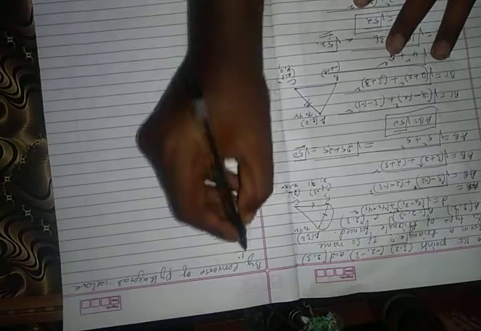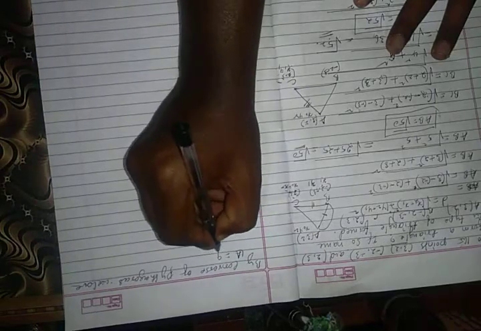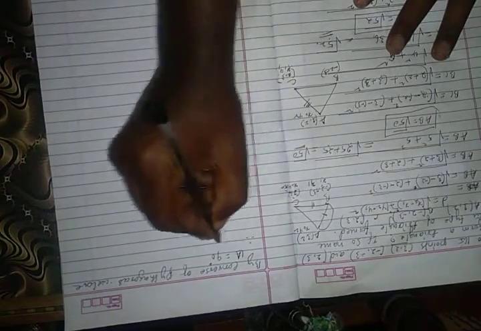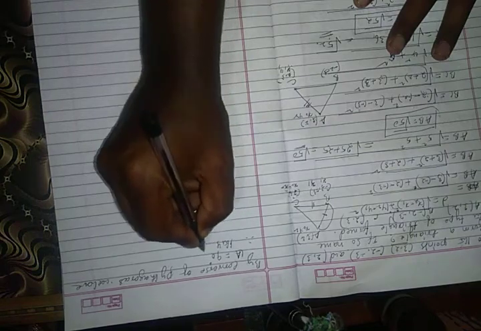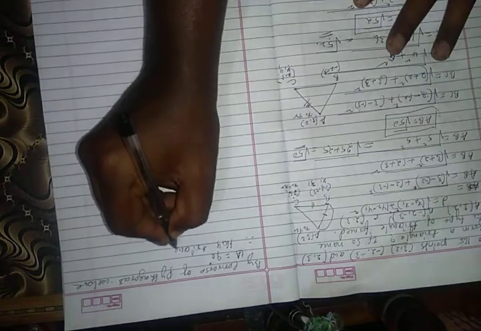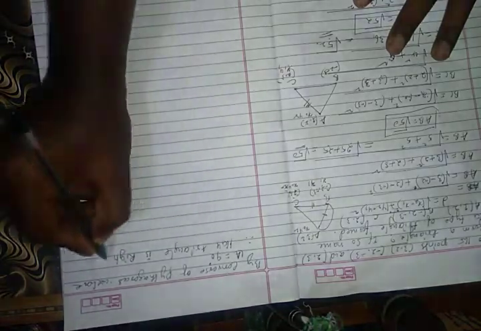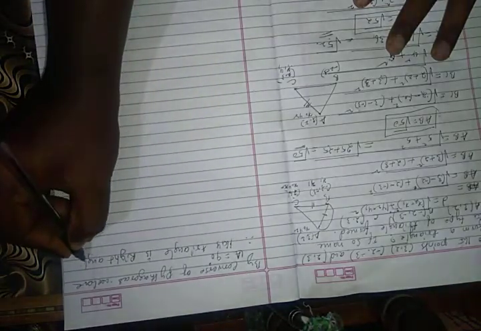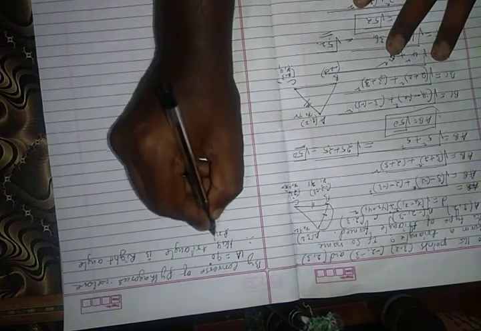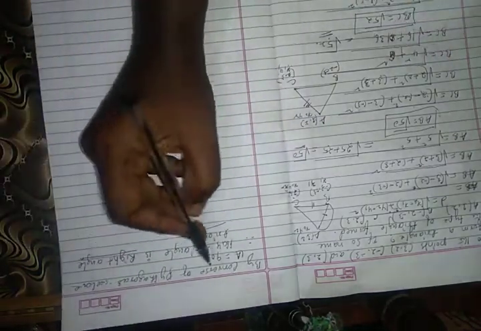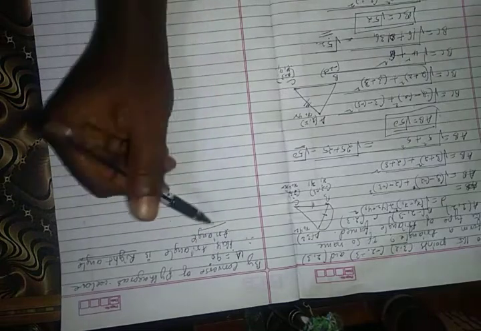Angle A is 90 degrees. Therefore this triangle is a right angled triangle, because one of the angles is 90 degrees. Therefore, by the converse of the Pythagoras theorem, this is a right angled triangle.